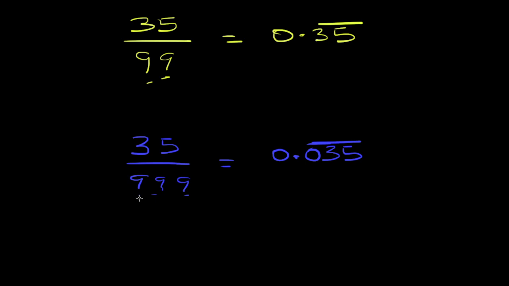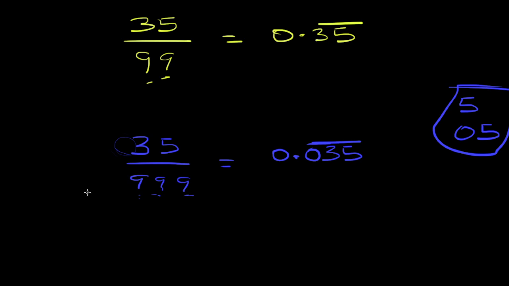And that is because the denominator is 3 digits. So the number that will repeat itself will be 3 digits. But what we have here is just 2 digits. So we bring a 0 in front of that, which will not change the value. I mean, if you have a number like 5 and you write it as 0.5, it does not change the value. All right.